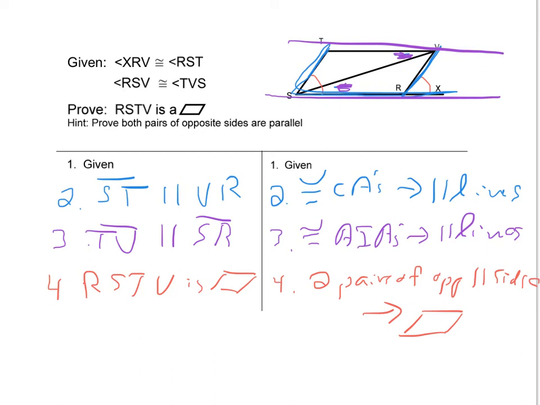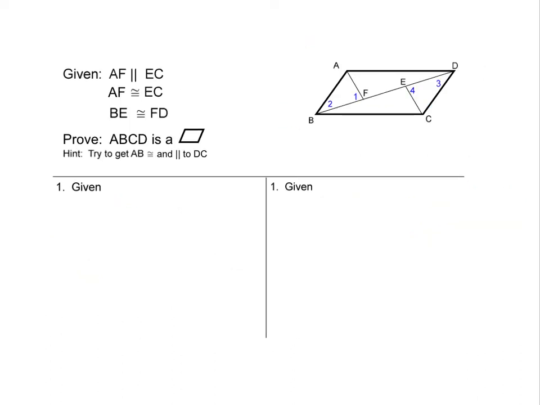All right, let's do one more. I'm not going to write this one out for you, but we're going to run through it. Let's look at the givens. AF is parallel to EC, so that means that this line is parallel to this line, which now means that angle 4 is congruent to angle 1 because those are alternate exterior angles.